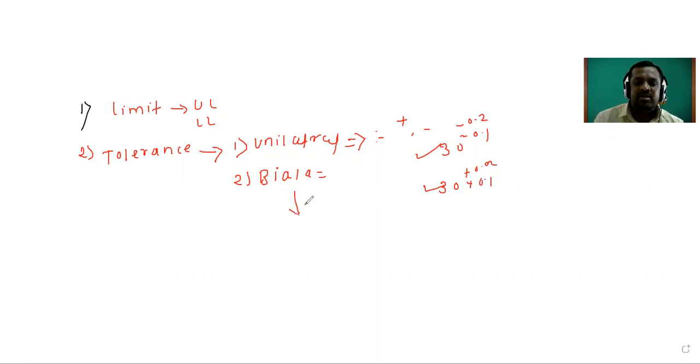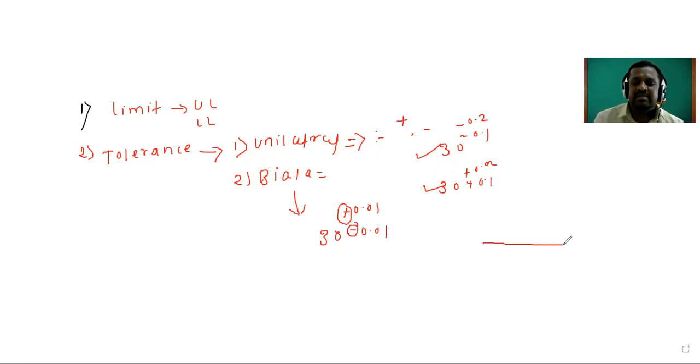And when we show the tolerance on both sides of the basic size, on the plus side as well as the negative side, then it becomes a bilateral tolerance. Means 30 plus 0.01 minus 0.01. Here we are showing the tolerance on the upper side and the negative side also.